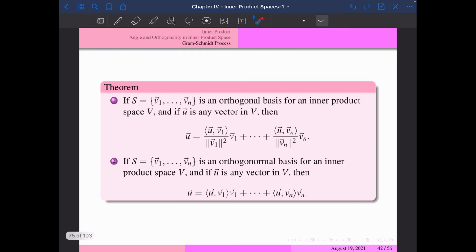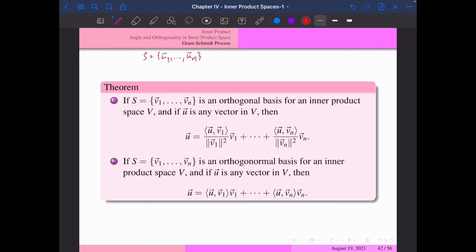So normally we know that if S is a basis, it's not an orthonormal basis, what does it mean?